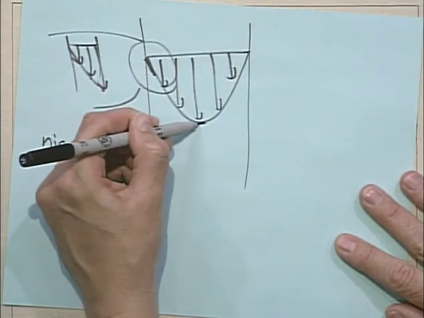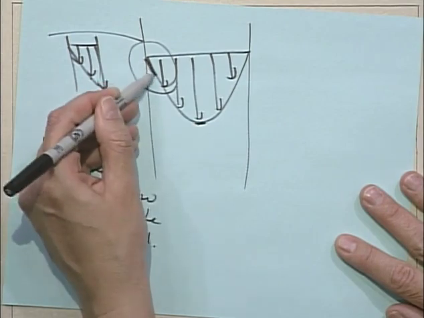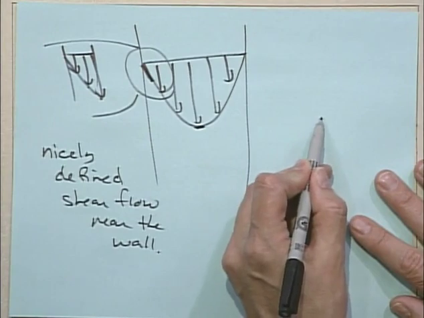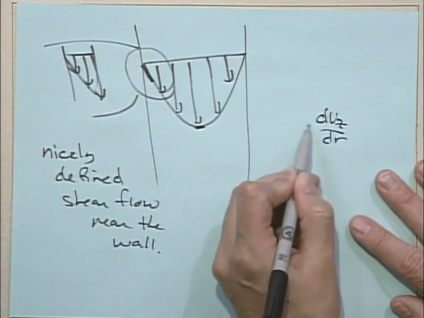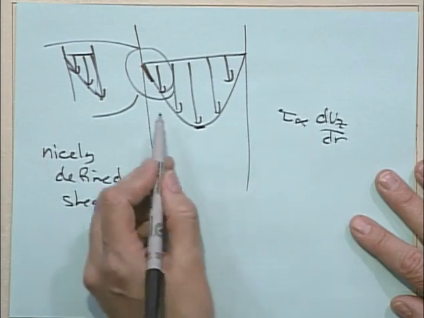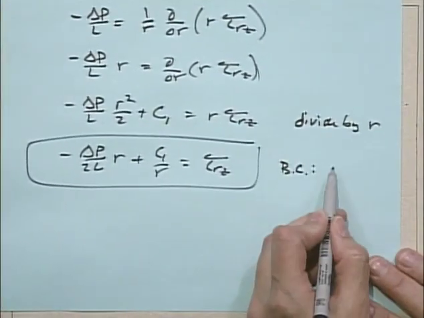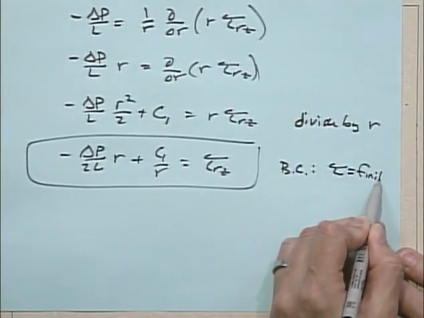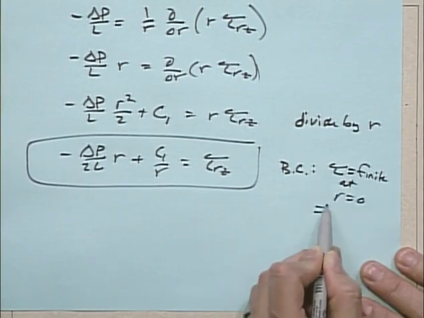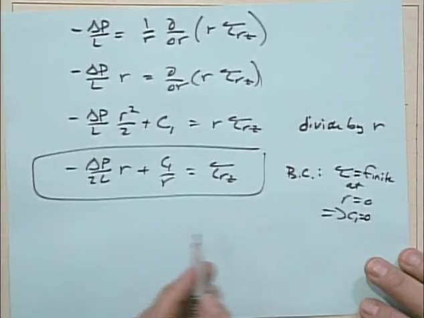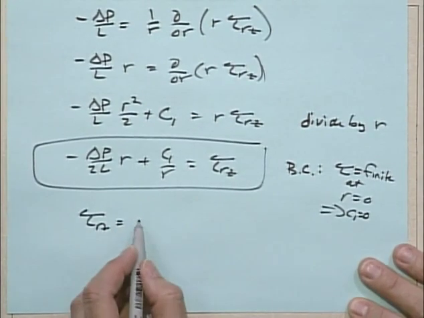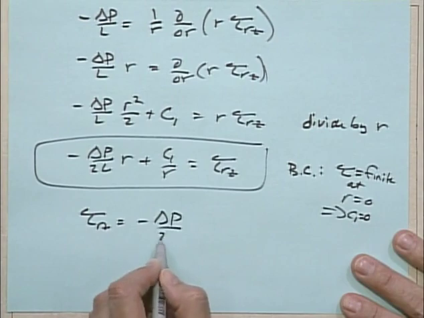In fact, in the center of the tube, the stress is high in the walls, but it actually is at its lowest stress. The gradient here, remember, for our fluids, dV/dr is proportional to stress for most of our fluids. And here, dV/dr is 0. So the stress is actually small in the center. So if we just say that the stress is finite at r equals 0, then that must mean C1 is 0. So we get tau rz is equal to minus delta P over 2L r.